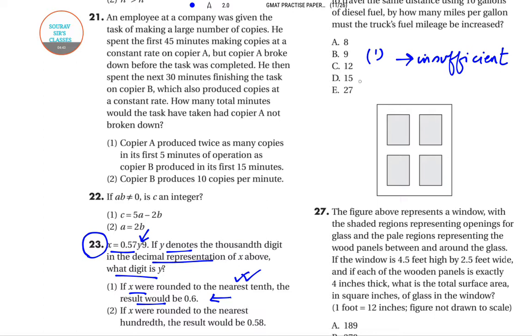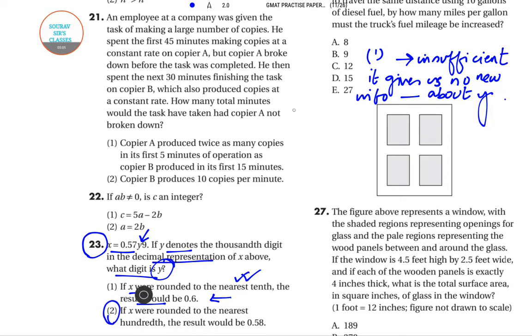It is just because it gives us no new information about y, and we are looking for information with regard to y. Now let us move on to statement number 2.